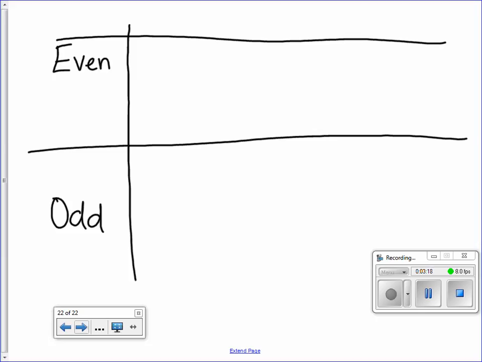And a negative x cubed would be like this. So not only do the degrees determine it, but the lead coefficient also determines it. So you could have a positive lead coefficient or a negative lead coefficient.